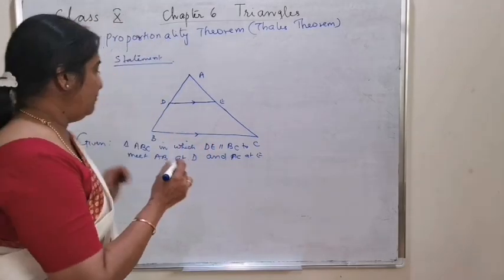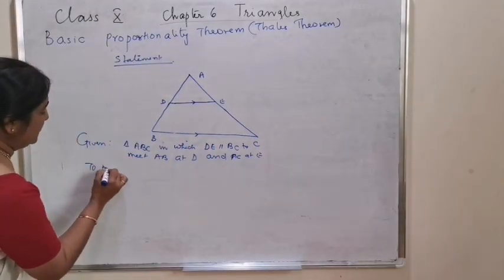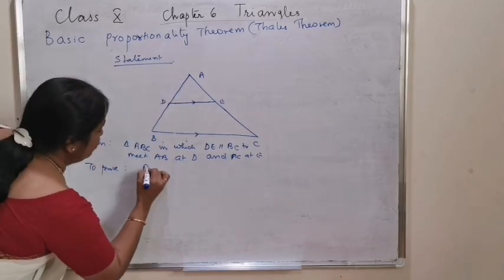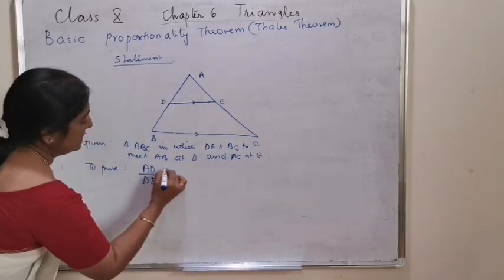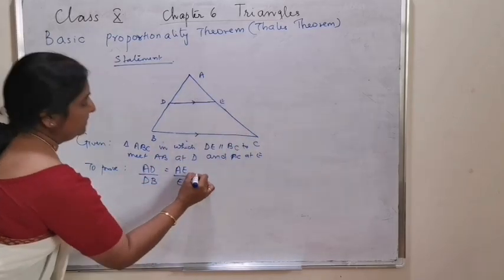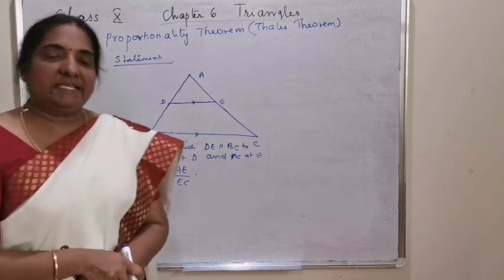What is to prove? To prove is AD by DB is equal to AE by EC.